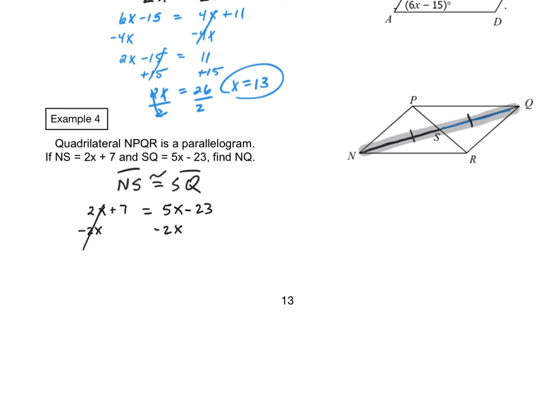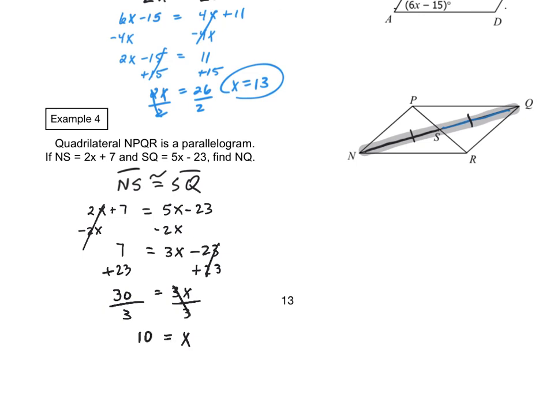That will become 0 on the left, and I will have 7 equals 3x minus 23. Let's go ahead and add 23 to both sides to combine like terms. That becomes 0, and I have 30 is equal to 3x. Divide by the coefficient, and x is 10.